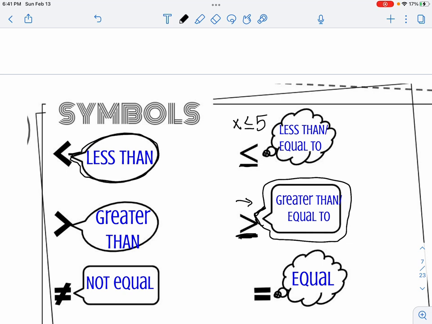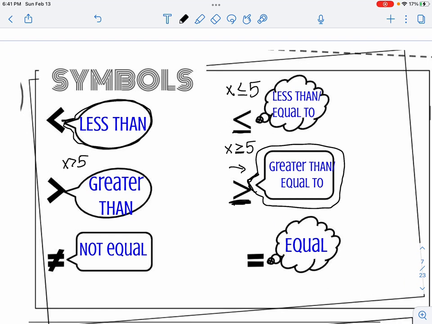So if I wrote x is greater than or equal to 5, that means it could include the solution number 5. Remember, if I wrote x is greater than 5, it would not include the number 5. Only if I write the underline underneath, greater than or equal to, would it include 5. Okay, so write that in your little bubble.